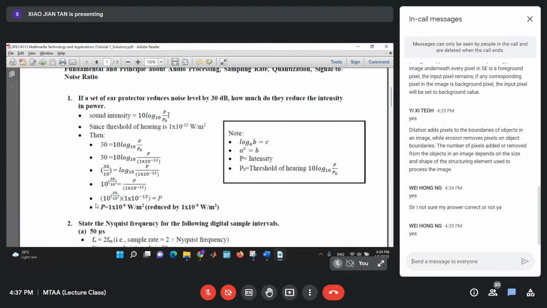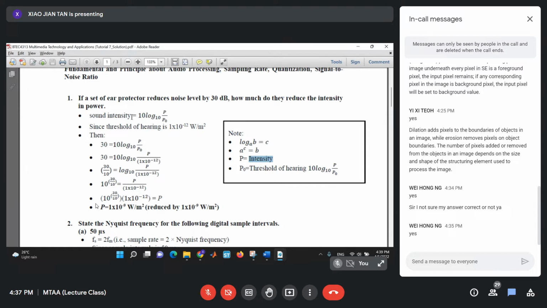Don't expect to find a formula sheet in your examination paper. None of it. So sound intensity level is 10 log base 10 of P divided by P0. P is the intensity, P0 is the threshold of hearing. This can be found in the lecture notes.